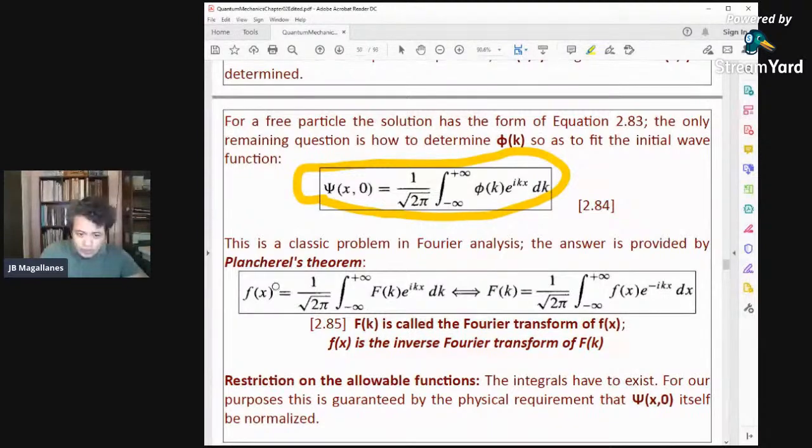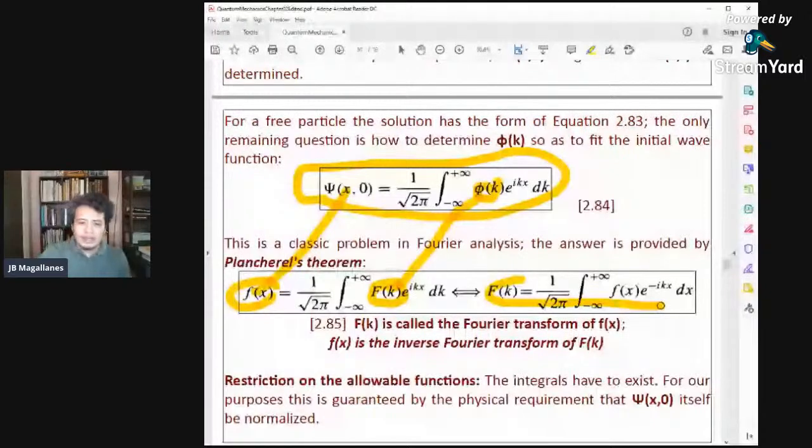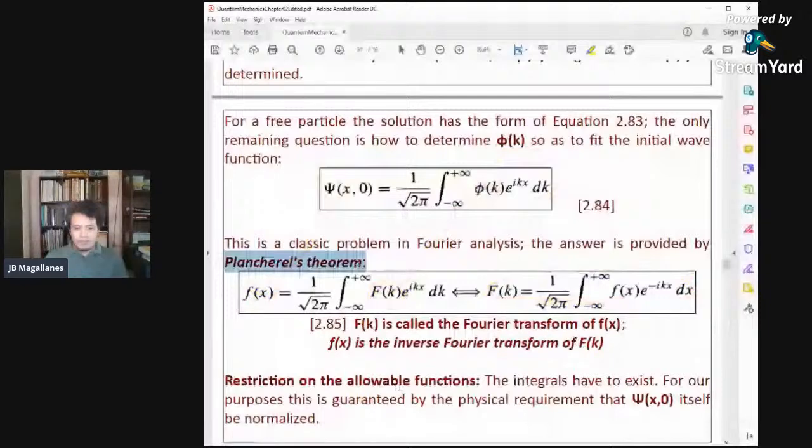This function, which is that one, you can get fk, which is this one, by using this formula. This is called Plancherel's theorem. So this one is associated with this one, so that your fk can be found by using this integral.